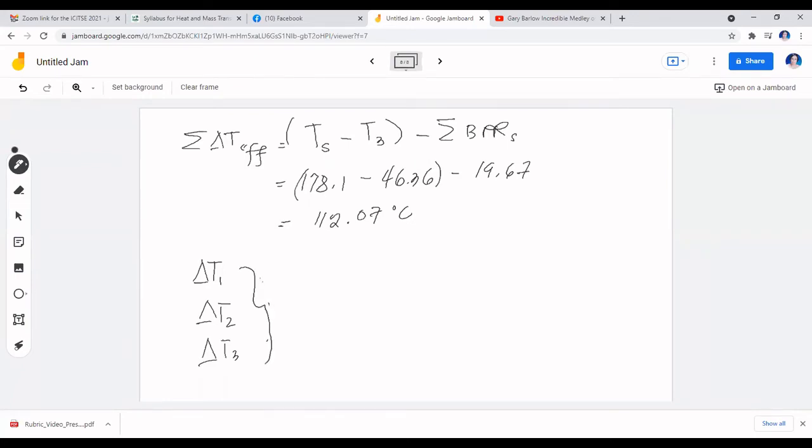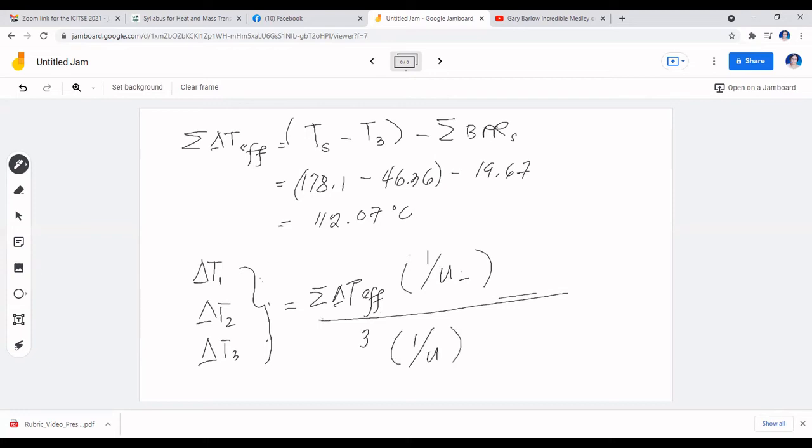This is equal to the summation of delta T effective times 1 over U, depending on what the U is. In this case, they're all the same, so it's either 1, 2, or 3. You have here 3 times 1 over U because they have the same U anyhow. So what is the value of our summation of delta T1? We label this as prime because these are already corrected based on the delta T effective.